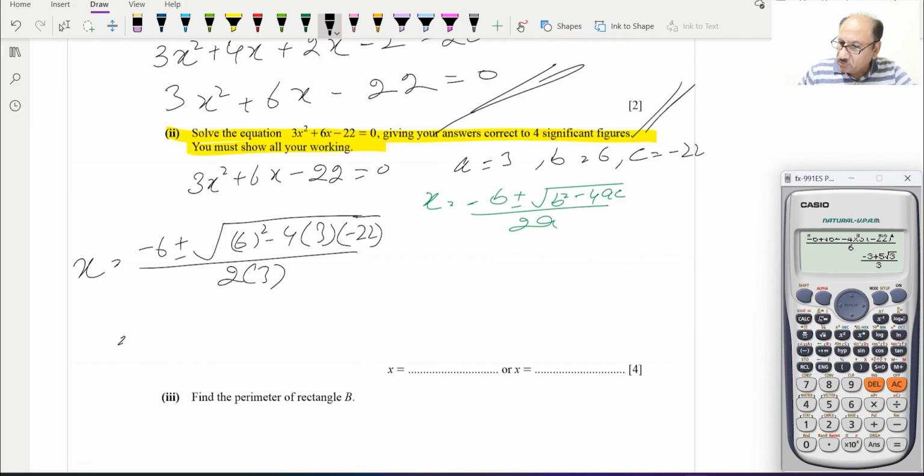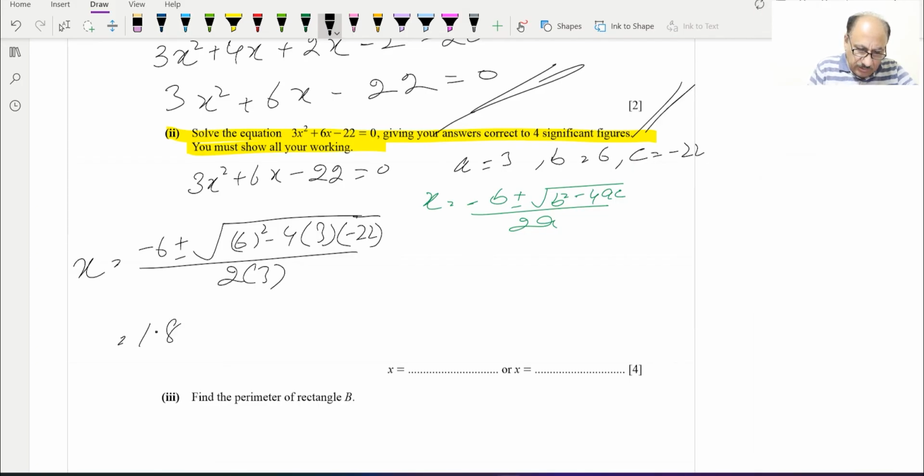2 into 3 will be 6. So this is equal to 1.887, we can write 1.887. This will be the x1 value with the plus sign.